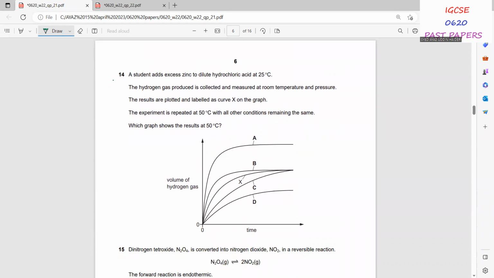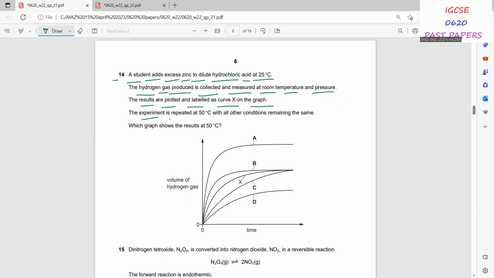Number 14. A student adds excess zinc to dilute hydrochloric acid at 25 degrees centigrade. The hydrogen gas produced is collected and measured at room temperature and pressure. The results are plotted and labeled as curve X on the graph.